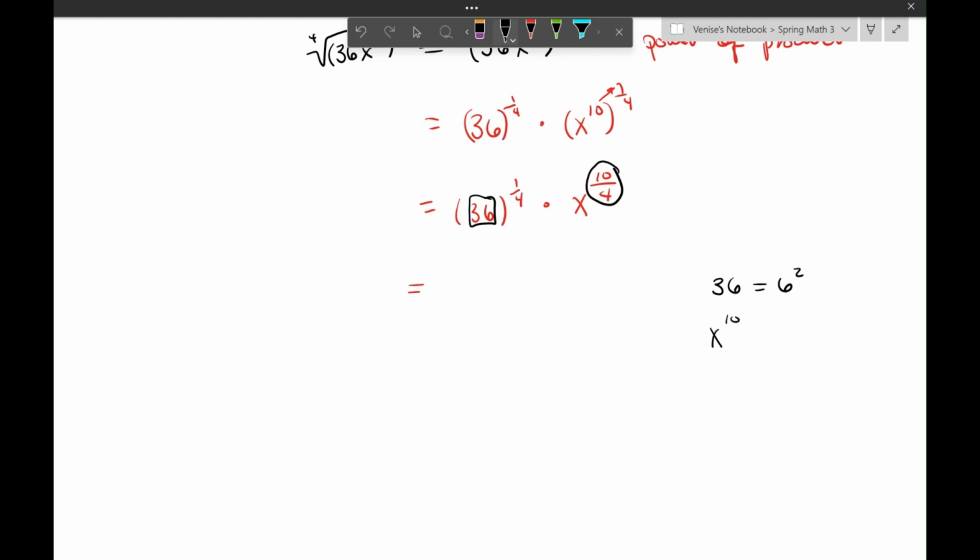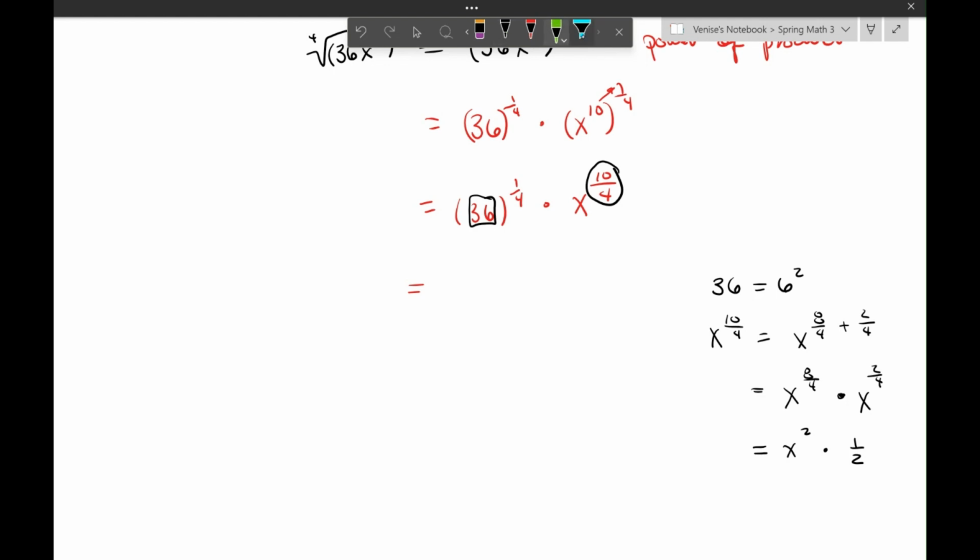So x to the 10 over 4 is the same thing as x to the 8 over 4 plus 2 over 4, which is x to the 8 over 4 times x to the 2 over 4. 8 divided by 4 is 2. 2 divided by 4 is 1/2.